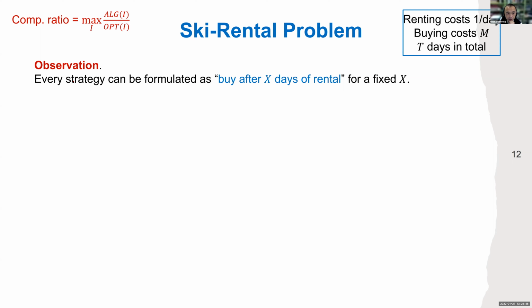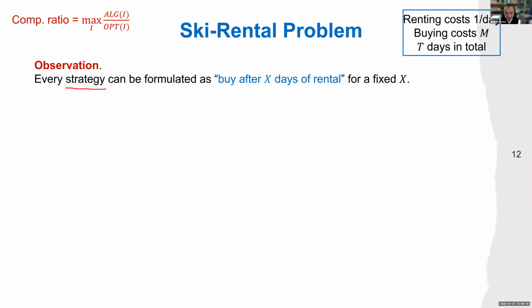So basically, some of you may be unclear about what kind of strategy can be adopted. There can be many, right? For example, I rent today, buy tomorrow, and then rent on the 3rd day. But these things are not necessary, right? Why? Because after you buy, you don't need to rent anymore because you can use your ski for free.